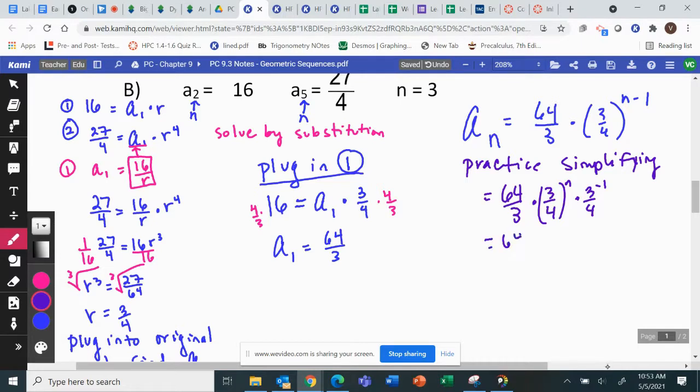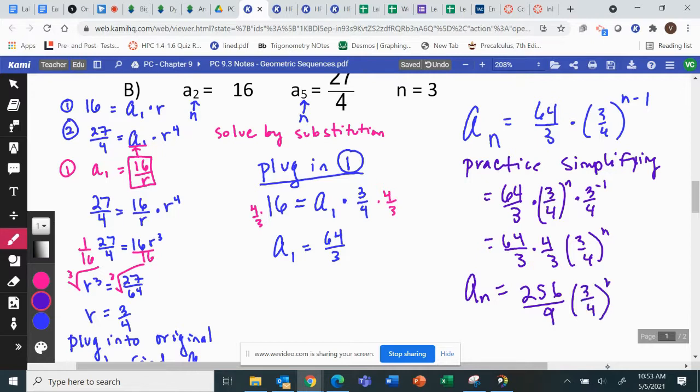So I'm going to have 64/3 multiplied by 4/3 times 3/4 to the n. And that's going to give me 256 over 9 times 3/4 to the n.